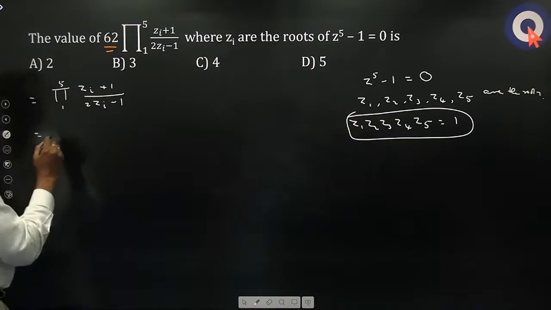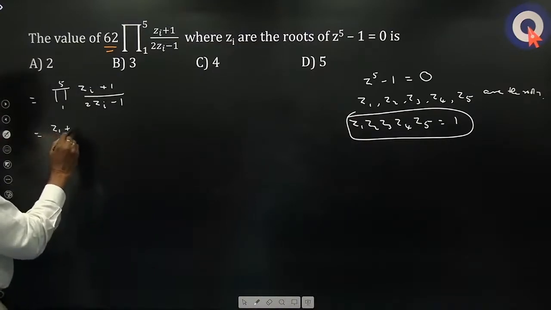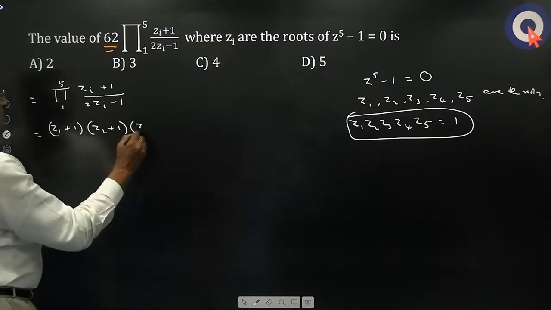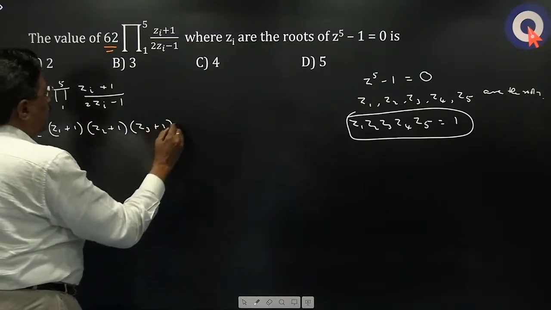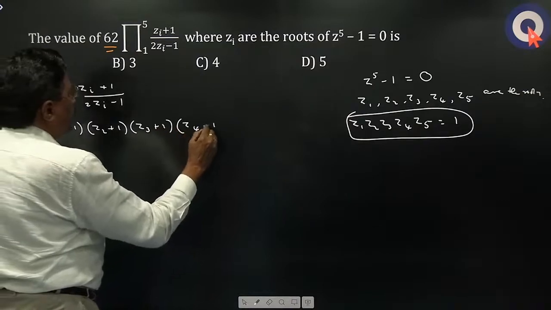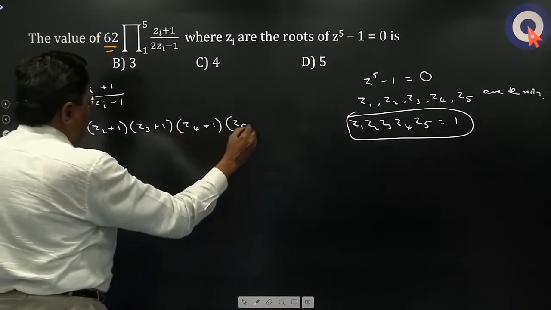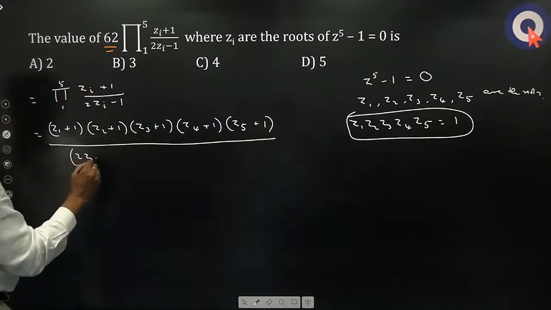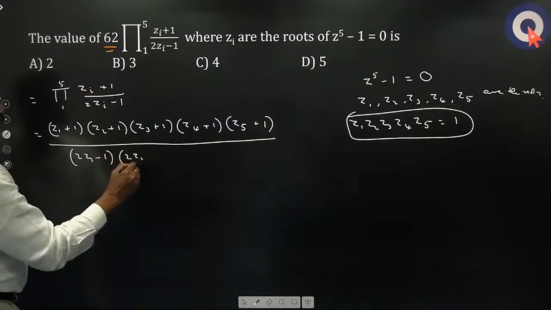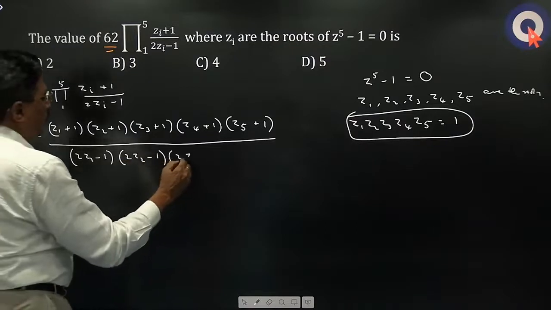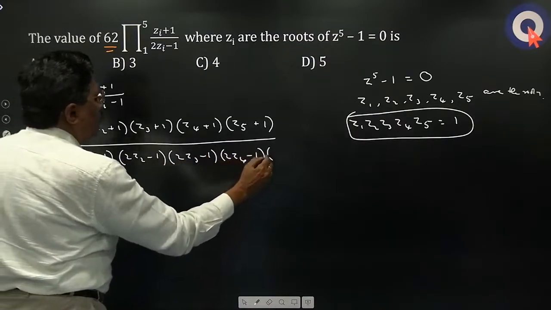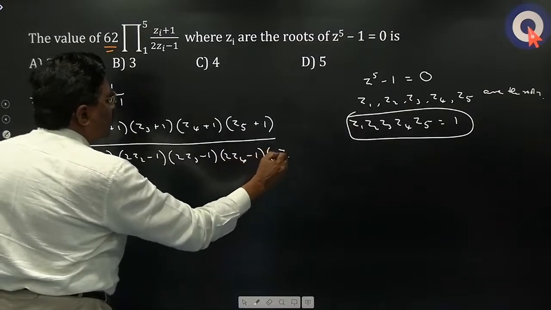So this is (z1 plus 1) into (z2 plus 1) into (z3 plus 1) into (z4 plus 1) into (z5 plus 1) by (2z1 minus 1) into (2z2 minus 1) into (2z3 minus 1) into (2z4 minus 1) into (2z5 minus 1).